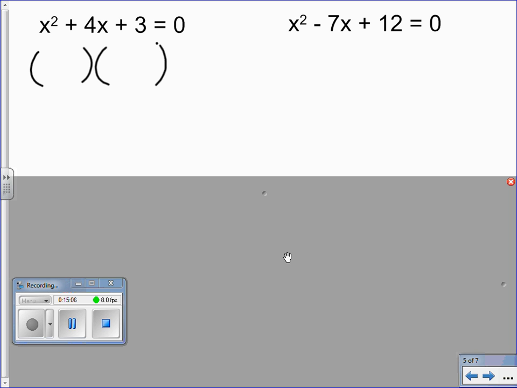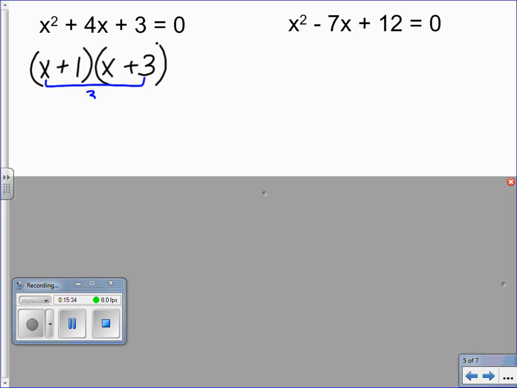What will multiply to give me x squared? X and x. What will multiply to give me 3? 1 and 3. And then to get a positive 3 on my last term, I have to have the same signs in my parentheses. For the middle term to be positive, that means they both have to be positive. So it will be positive and positive. I will double check my outside and insides.